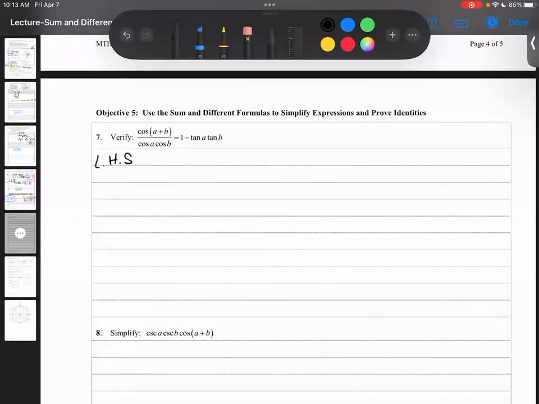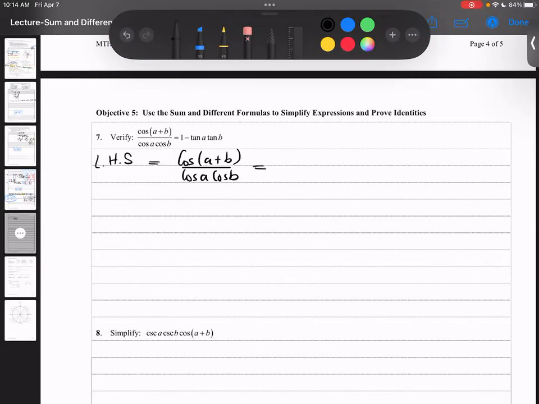It looks complicated, right? So I should rewrite the left-hand side. The numerator of the left-hand side is the sum formula.